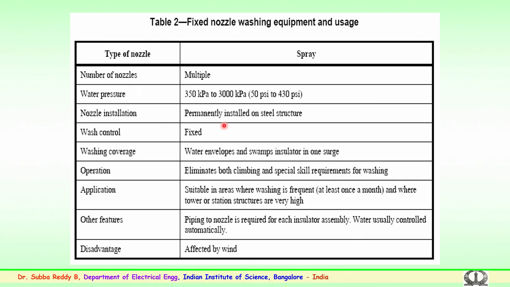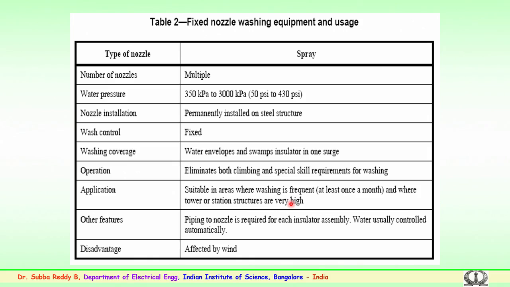Nozzle installations could be permanently installed on steel structures, as this washing is done at a regular frequency. Wash control is fixed. Washing coverage: the water envelopes and swamps the insulator in one surge. Operations: this eliminates both climbing and special skill requirements for washing.